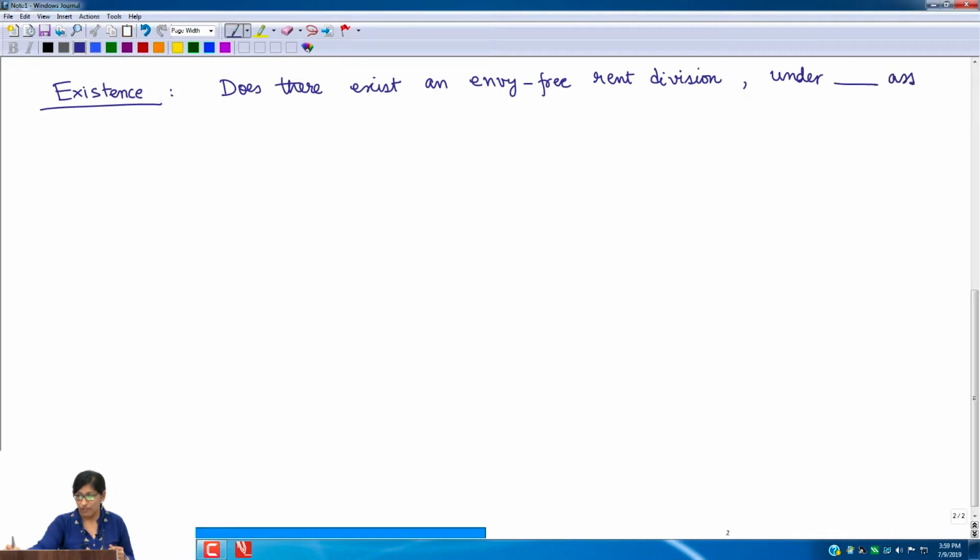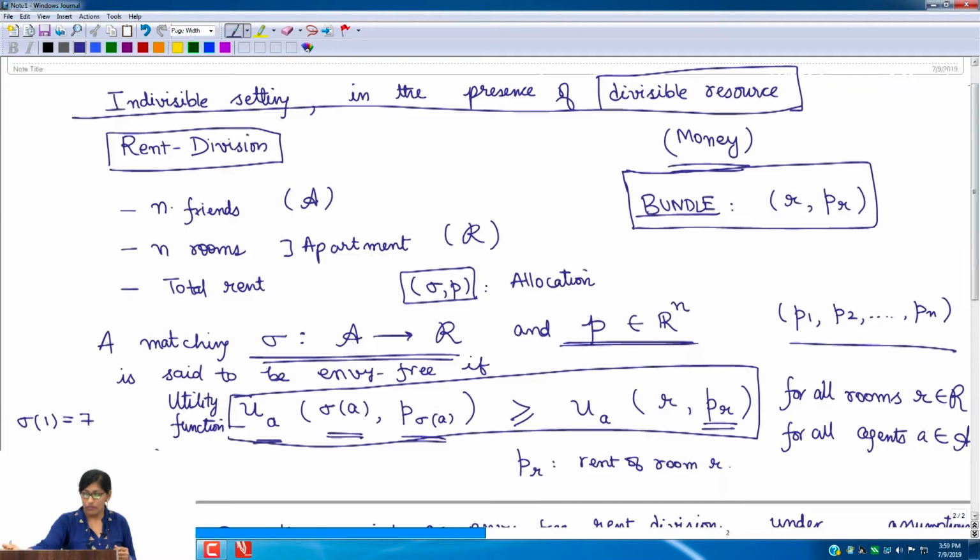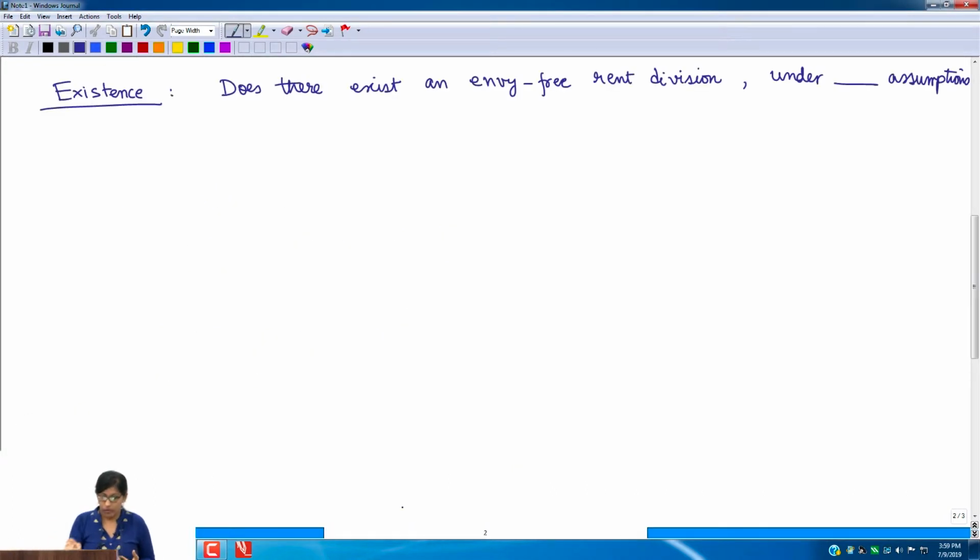I'd like you all to recall Sperner's lemma, which was covered yesterday in the last session. I'll see if I can use it, the way we used to prove existence of envy-free k-cut, to prove existence of envy-free rent division using Sperner's lemma. Is it possible, or will I fail the way I failed for burnt cake?